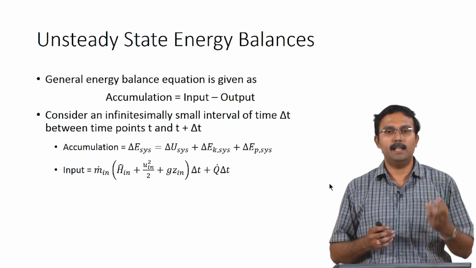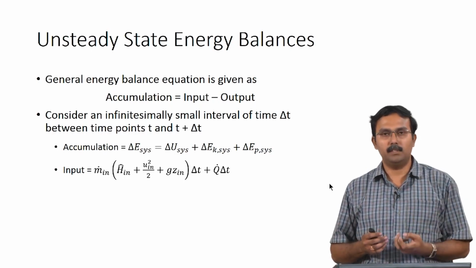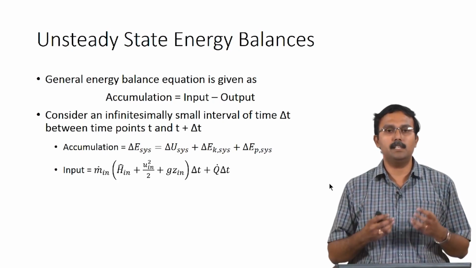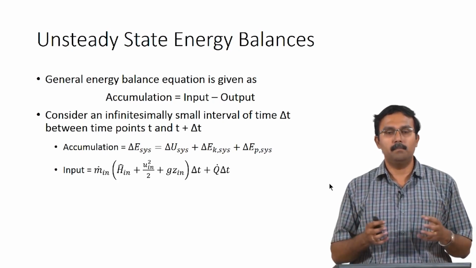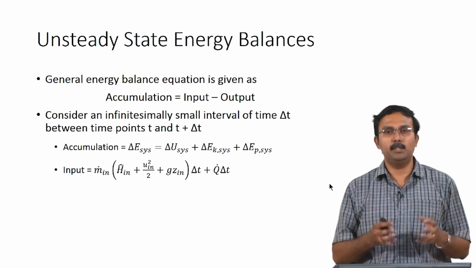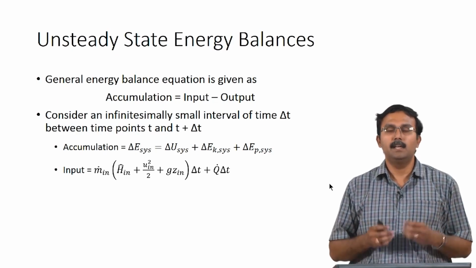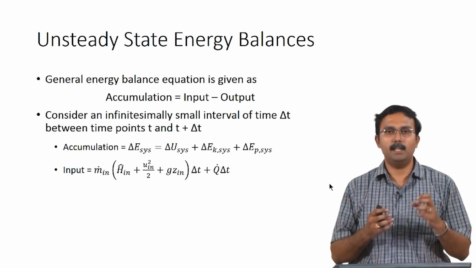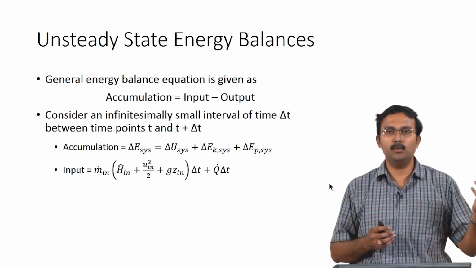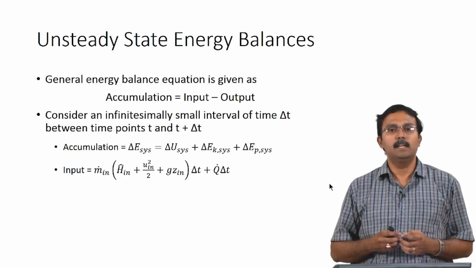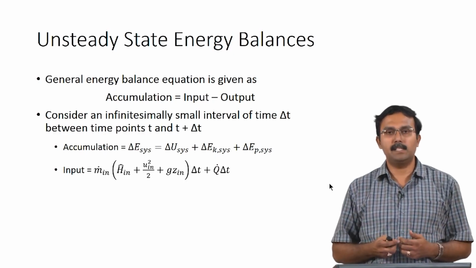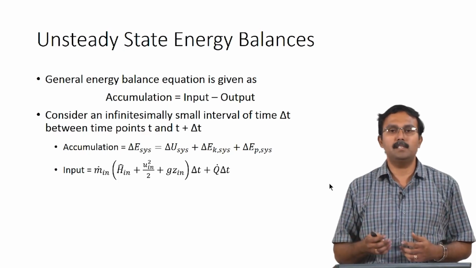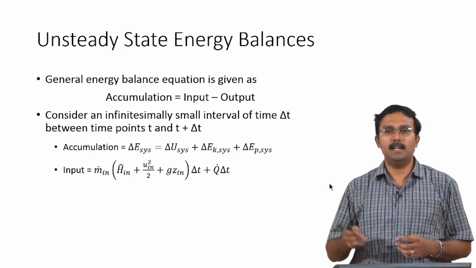This would be the enthalpy, the kinetic energy and the potential energy of the inlet stream, and multiplying that with the mass flow rate gives you the total energy of the inlet stream, times delta t gives you the total energy which is entering into the system during the time period delta t through the streams which are flowing in. You could also have heat that can be supplied to the system. We have considered heat supplied as positive, so we will have this as plus q dot delta t.